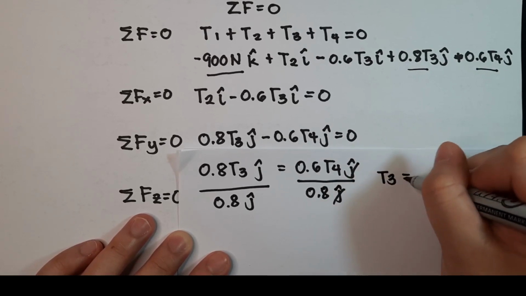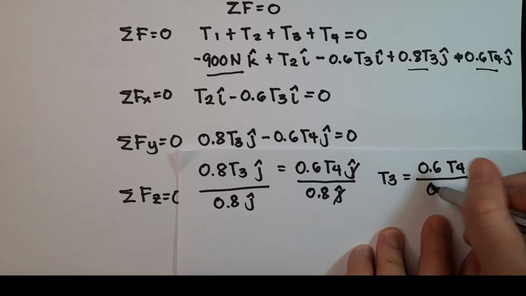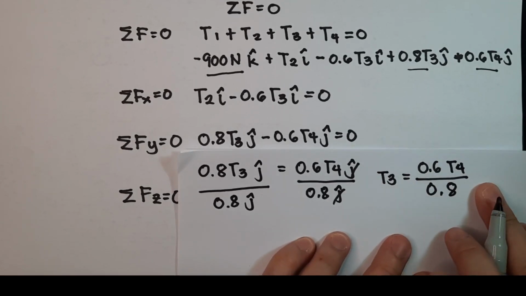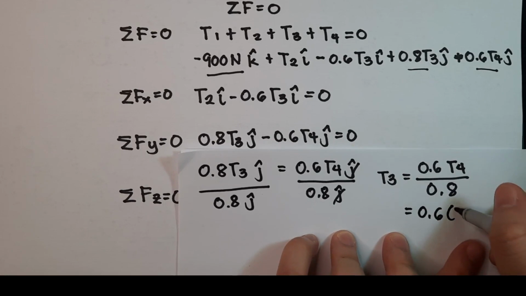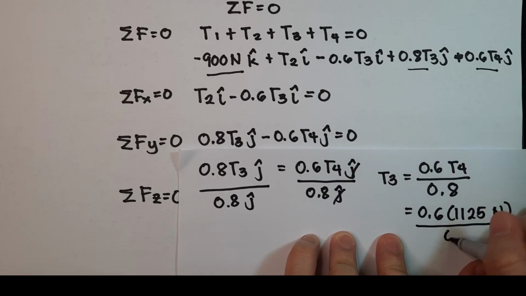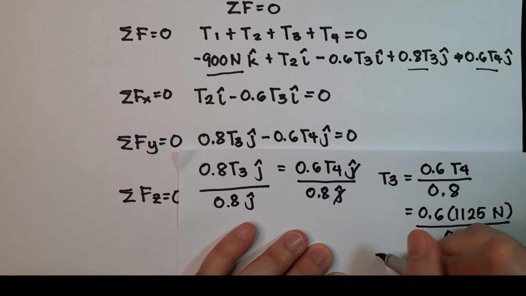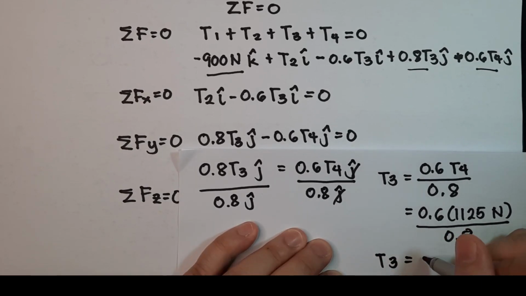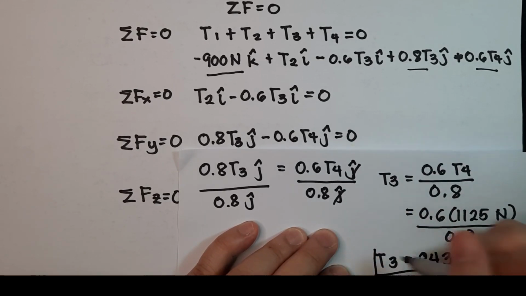T3 is equal to 0.6 T4 divided by 0.8. Substituting, 0.6 times 1125 Newton divided by 0.8, T3 is equal to 843.75 Newton. So this is now our answer for T3.